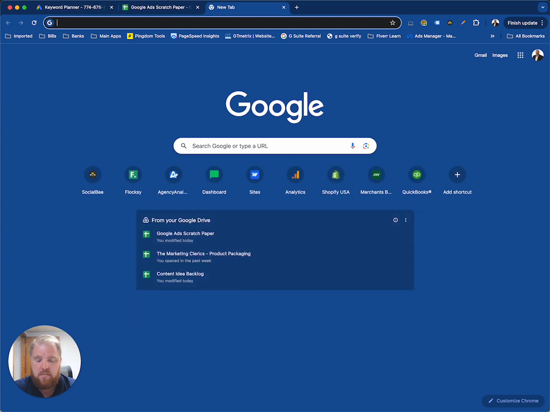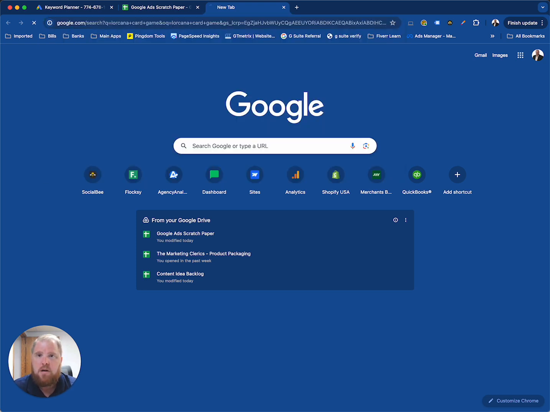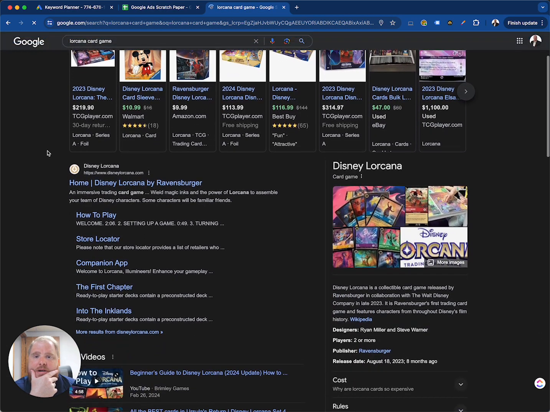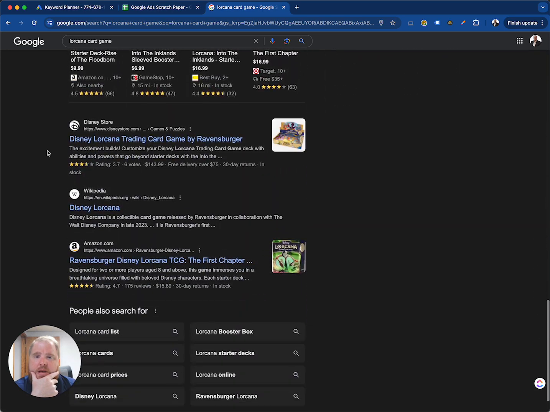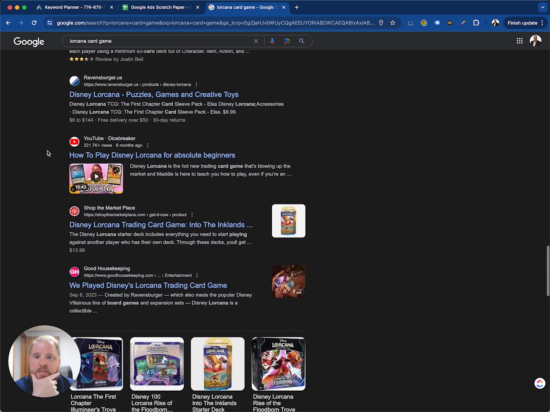So if you are looking for the latest card game set, you can see we've got sponsored sales on top, and we've got some sponsored ads in here as well.